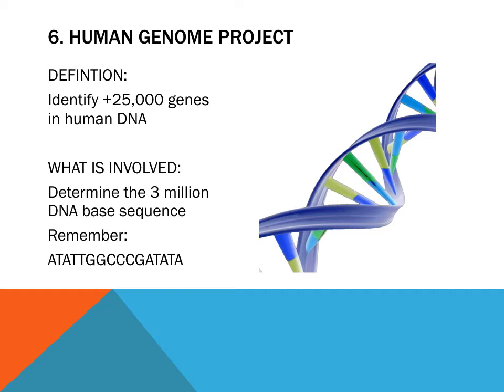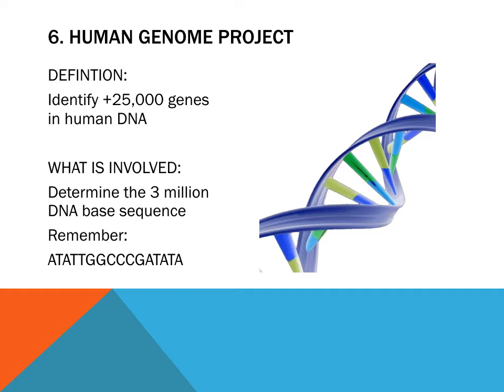What is involved? We have 3 million DNA-based sequences. What does that mean? Remember when we studied DNA? DNA has a special code in 4 letters, A, T, G, and C. Well, those codes determine who we are as a person.